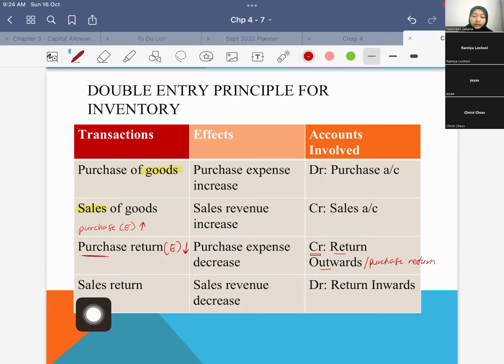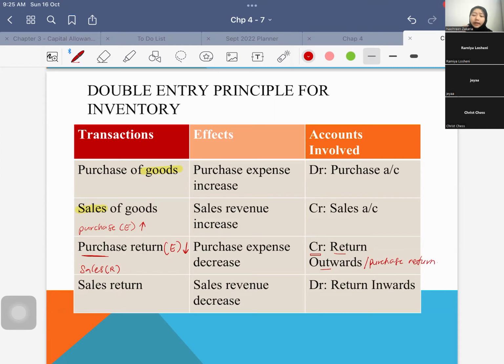This one pula, sales return, means that the customer yang return back the good that we sold to them to us. Okay, remember, sales return happen when we have sales. Dulu lah, before ni kan, kita dah jual dulu barang tu. Okay, sales is our revenue. Betul? When we make sales, when someone bought something from us, kita dah buat sales lah.